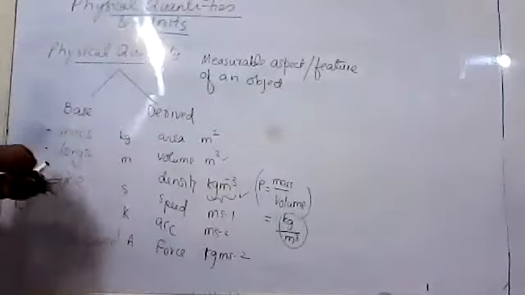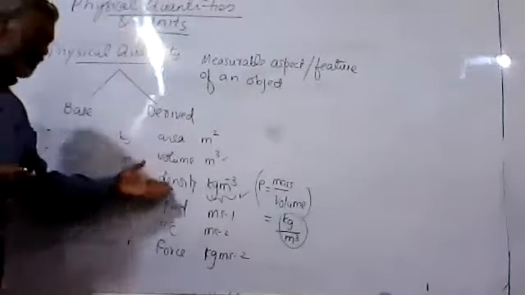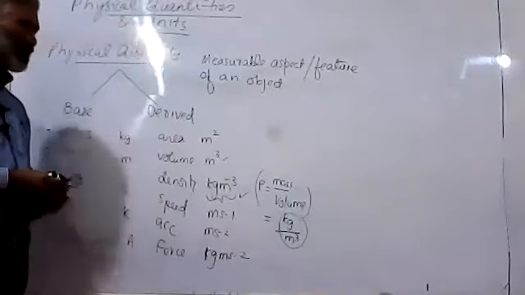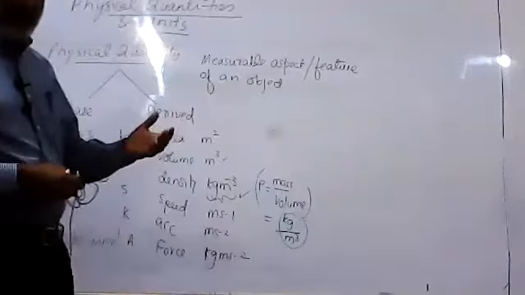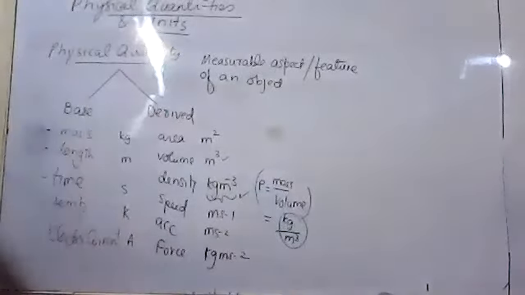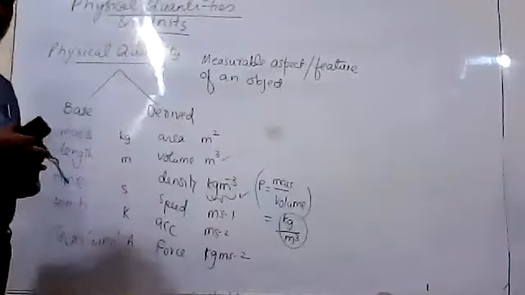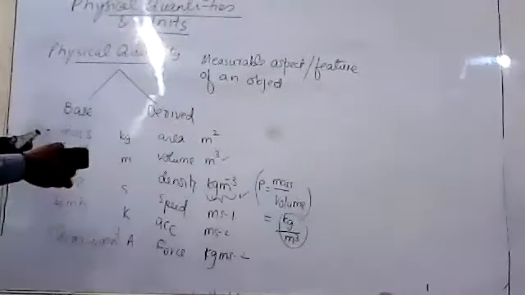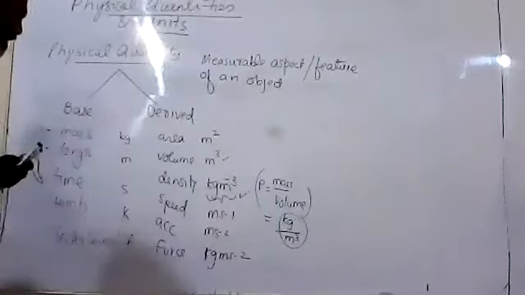So this list continues, and there are many other derived quantities which can be expressed in terms of the SI base units, and that is actually the exercise to which we are coming now, and that is an important part of this chapter, and we need to understand how various derived quantities are expressed in terms of SI base units. So let's discuss a few more examples of derived quantities.